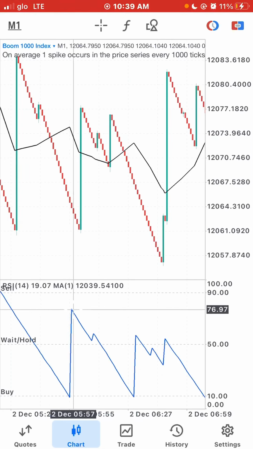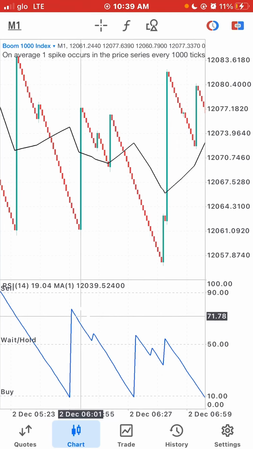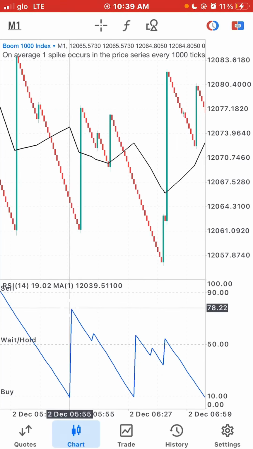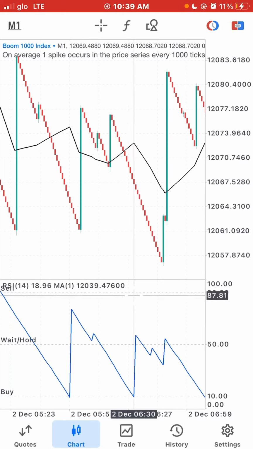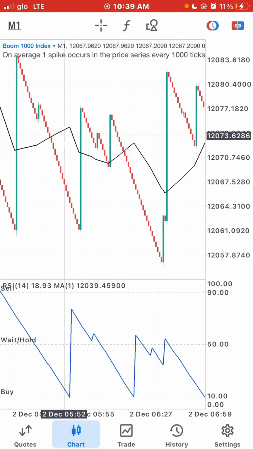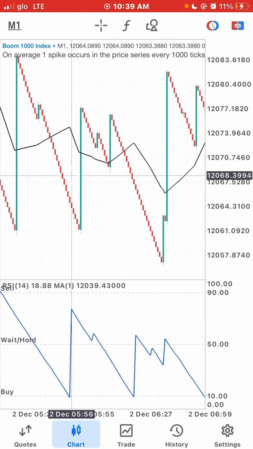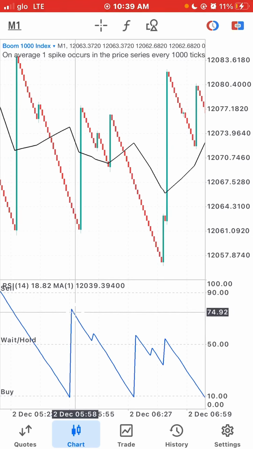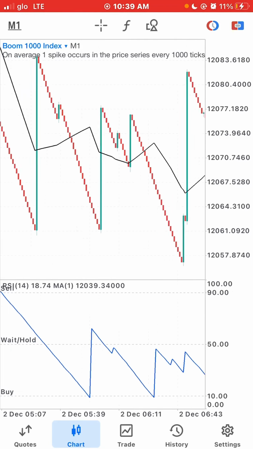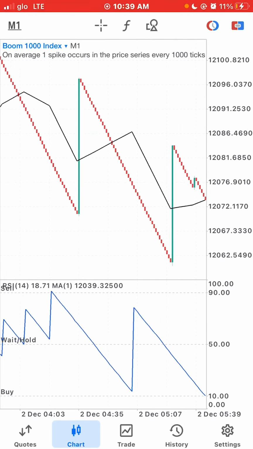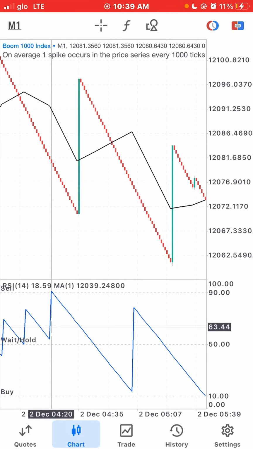Because from our relative strength index, this moving average has not gotten to the 90. So even if this strategy played out here, even if it gave us 10 candles, it has not met our second trading condition. You have to always wait for price to meet the two trading conditions before you take trades.